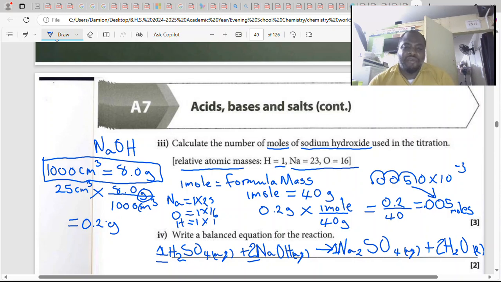When I have 0.005, we should know that we would have technically half of that for the sulfuric acid because it's a 1 to 2 ratio. So if I have 2, then I have 1. So if I have 0.005, I have half of that for the sulfuric acid. But I'm going to show you how to work that in detail just the same.